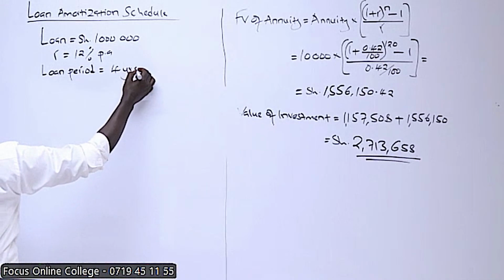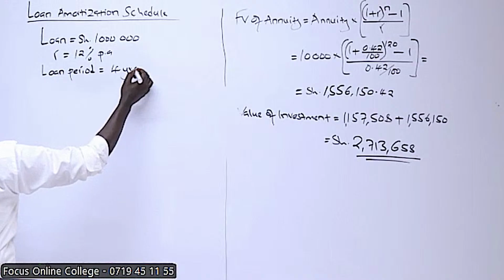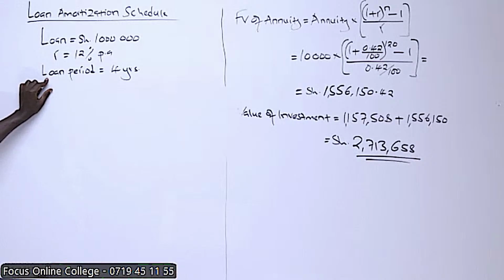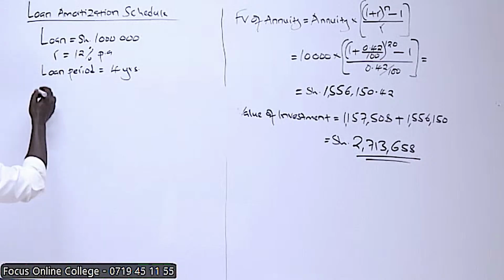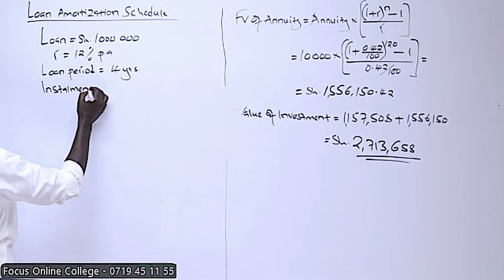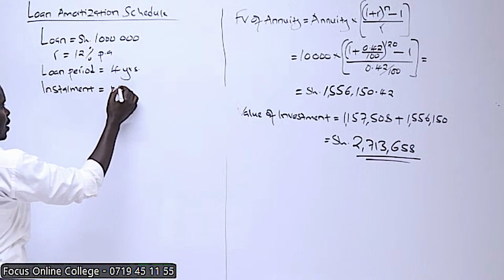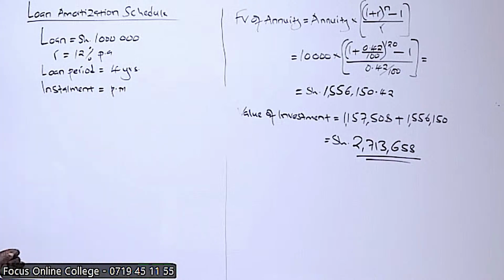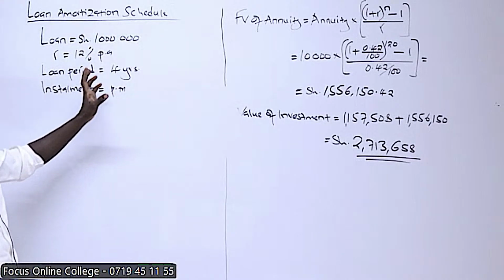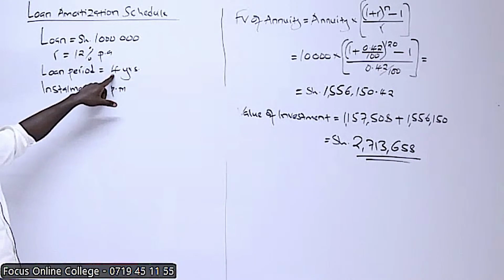You're being charged interest at 12% per annum, and the repayment period of the loan is 4 years. So the question is the installment. How much should this person pay per month to exhaust the loan amount in a period of 4 years?